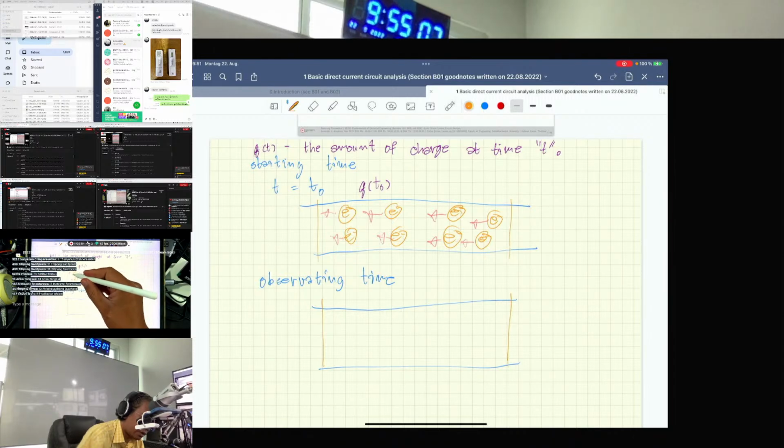You know that this one will go away out of this area, right? This one also will go away. Okay, this one too, and this one will move to this location. This one will move to this location, like this.